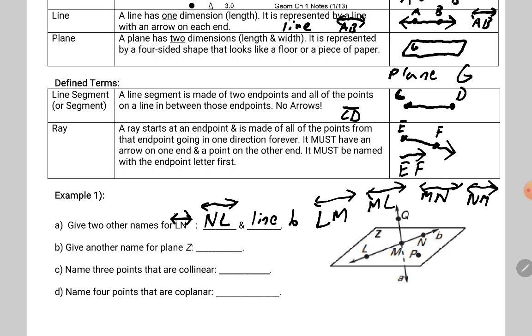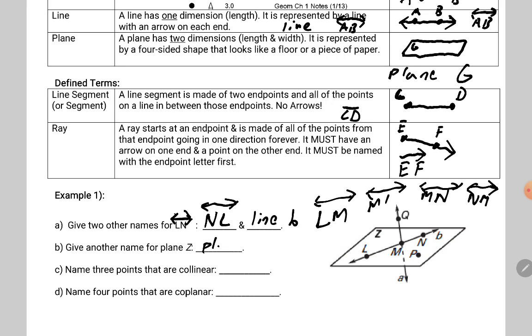Give another name for plane Z. Plane Z is this entire area on this sheet of paper. So that's that entire plane. Another way of naming planes is to choose 3 points on that plane.